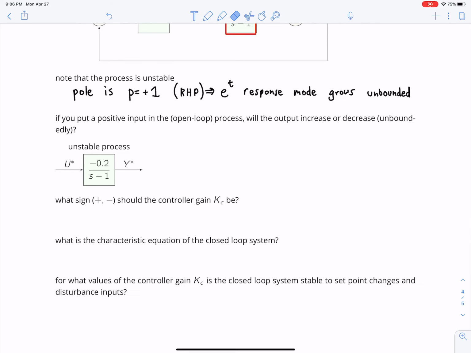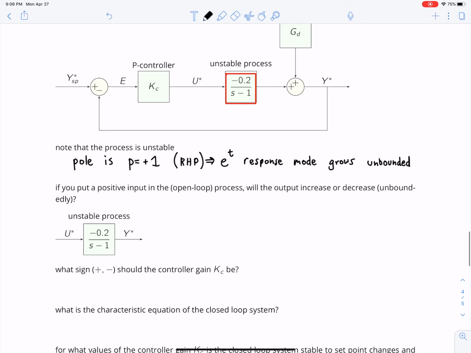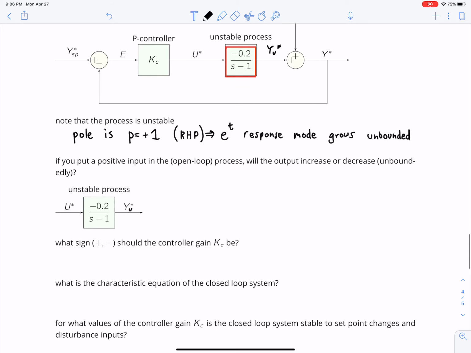We have an input u, output y. Let me call this yu. Now let's say u star of t is a delta function input. Well, then yu is just the transfer function, and what's nice is for a first order transfer function, we can invert that easily. So y star t equals minus 0.2 e to the t.